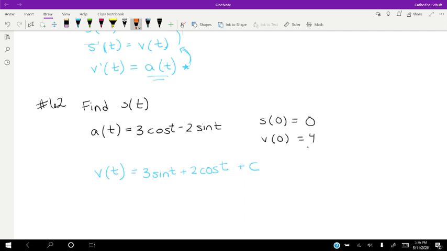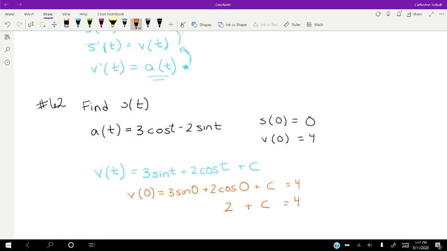So now it's time to figure out the c. We know that the initial velocity is 4. So let's plug in t equals 0, and we know that has to equal 4. All right, so sine of 0 is 0. Cosine 0 is 1. 2 times 1 is 2. So 2 plus c equals 4.